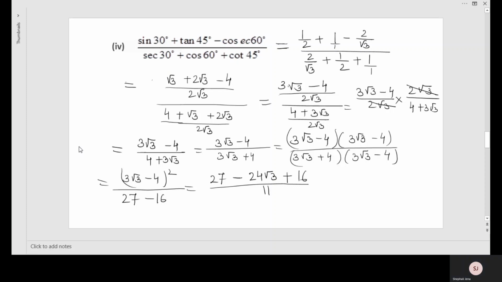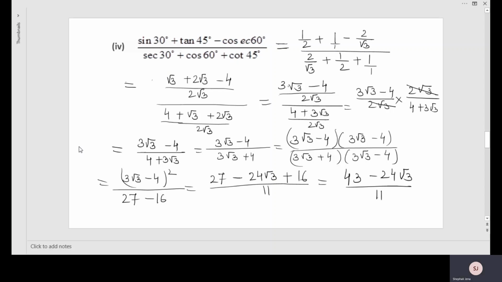Now 27 plus 16, how much? These are normal, rational numbers, and the irrational term stays separate, so we can do the normal addition. 27 plus 16 is 43 minus 24 root 3 divided by 11.